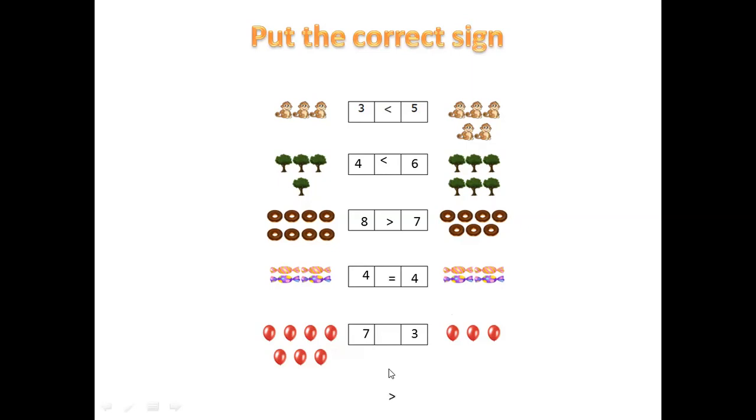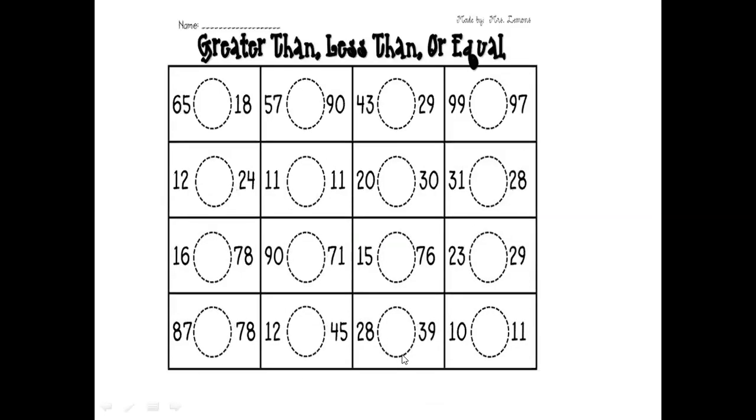So what will be the sign? 7 is greater than 3. 3 is less than 5. 4 is less than 6. 8 is greater than 7. 4 is equal to 4 and 7 is greater than 3.